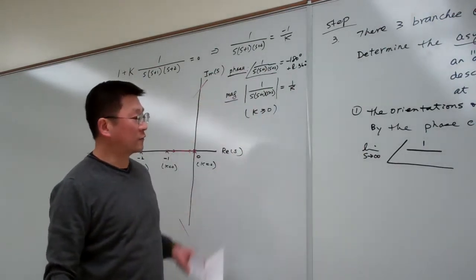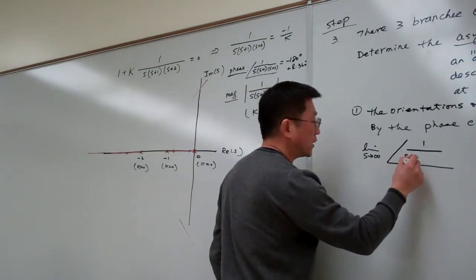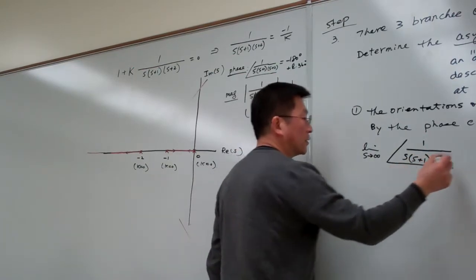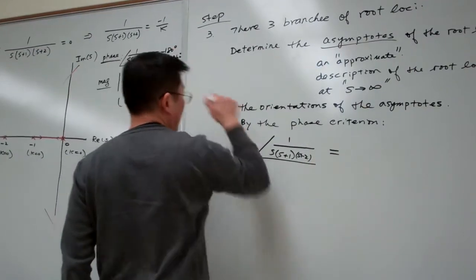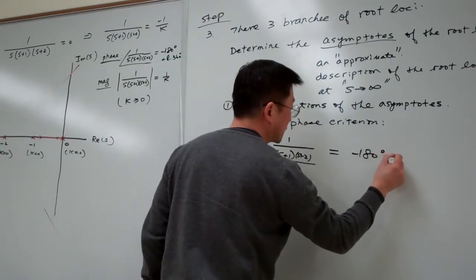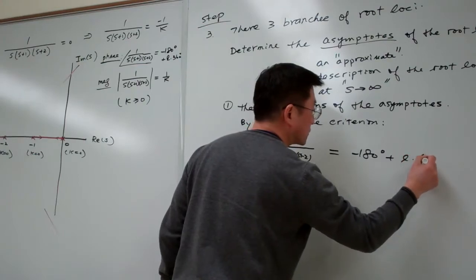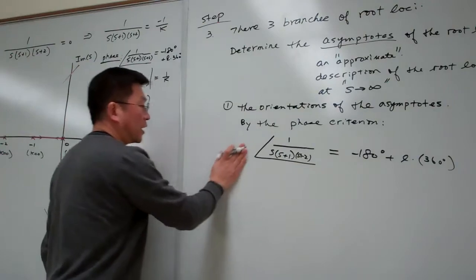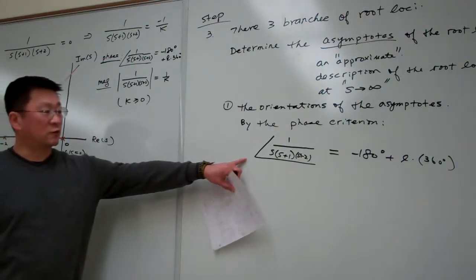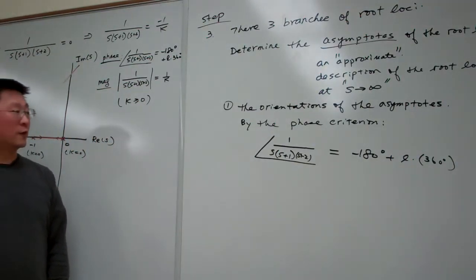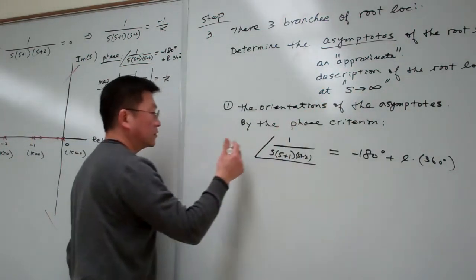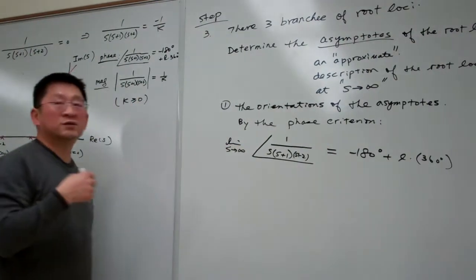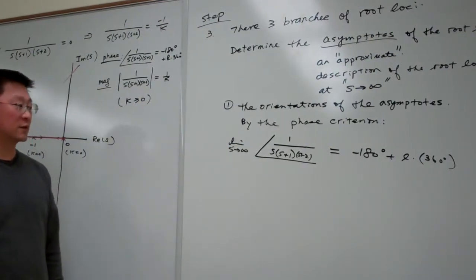So we apply the phase criteria to s, s plus 1, and s plus 2, which is still minus 180 plus L times 360. Right now we want to study the asymptote's behavior, so we take the limit as s approaches infinity and see how the orientations are made there.